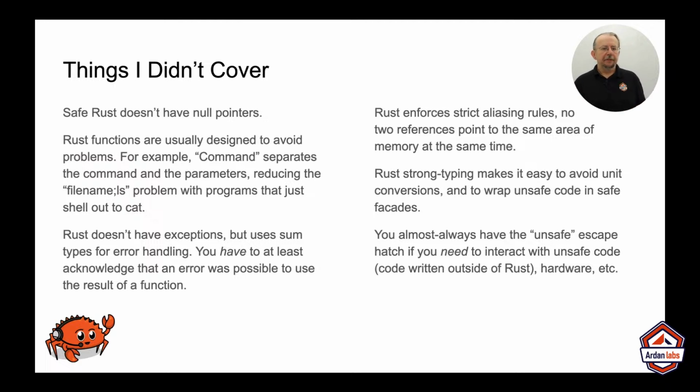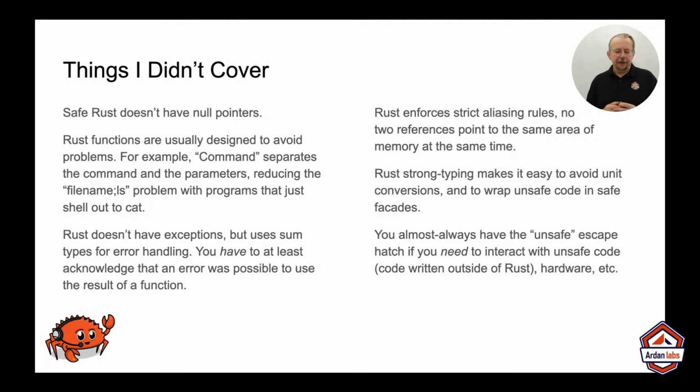So at the very minimum, you are forced to acknowledge that there might not be something there. You can still unwrap and crash if there really should have been something there. But at least you won't have the ancient C++ and C problem of dereferencing your null pointer, and goodness knows what happens. It will at least crash explicitly.